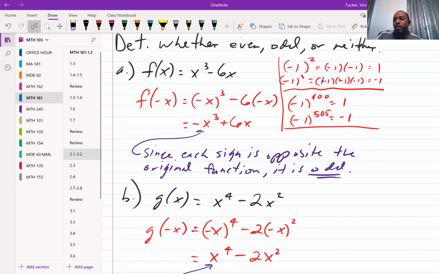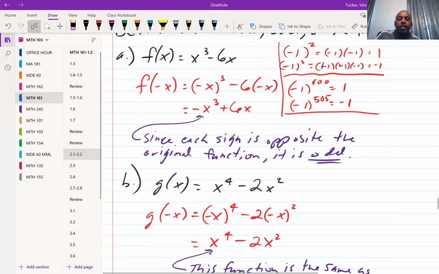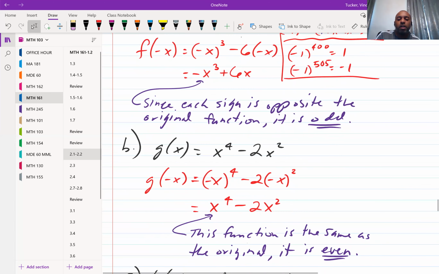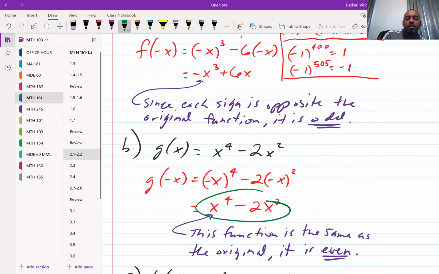Negative x to the fourth is going to be a positive x to the fourth. And negative x squared will also be a positive x squared. So neither one of those signs will change anything in the function. Notice we have x to the fourth minus 2x squared. So this function is the same as the original. You're always going to compare it after you simplify as much as possible to what you had originally. It's the same as the original, so that means it is even.